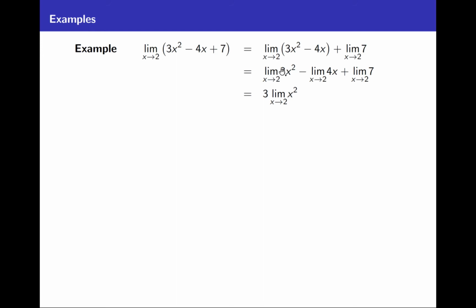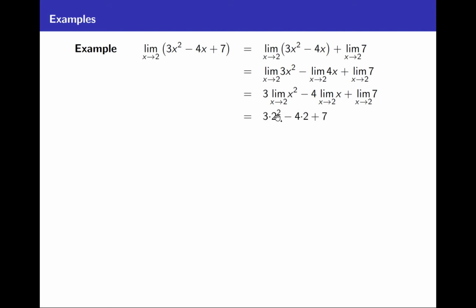For this first limit, the 3 can factor out using the constant multiple rule. And the 4 can factor out here. And let's bring down the limit as x approaches 2 of 7. So we've got this limit equal to the sum or difference of 3 very simple limits. Now the limit as x approaches 2 of x squared, we had a limit law for that.